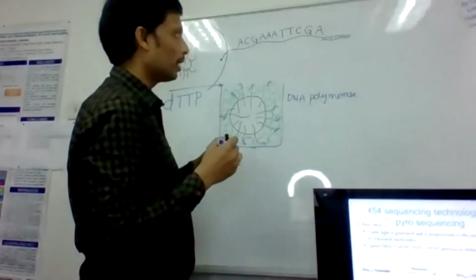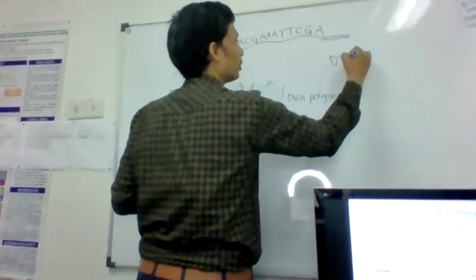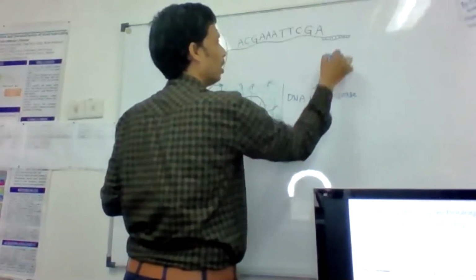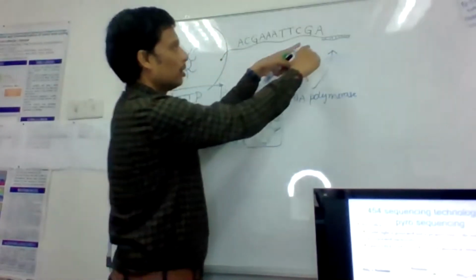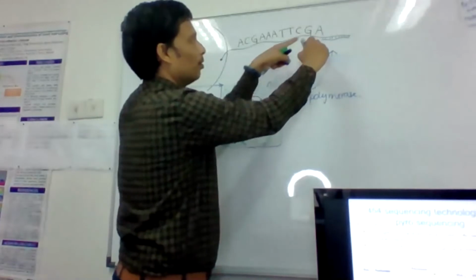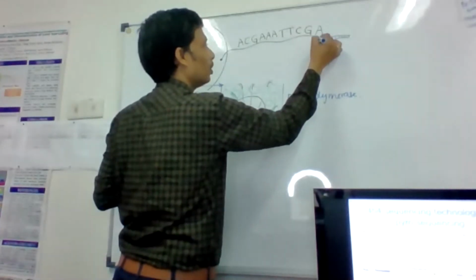What happens when you add dTTP, and DNA polymerase is also there? This A, which is complementary, that is T, will be added to the primer.